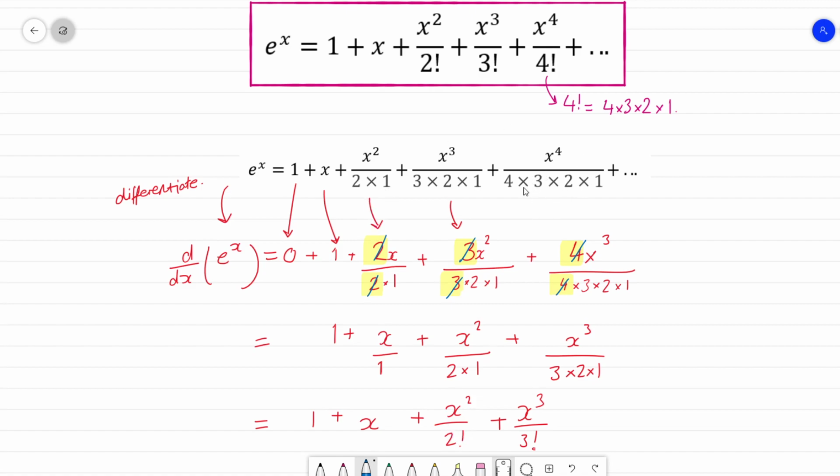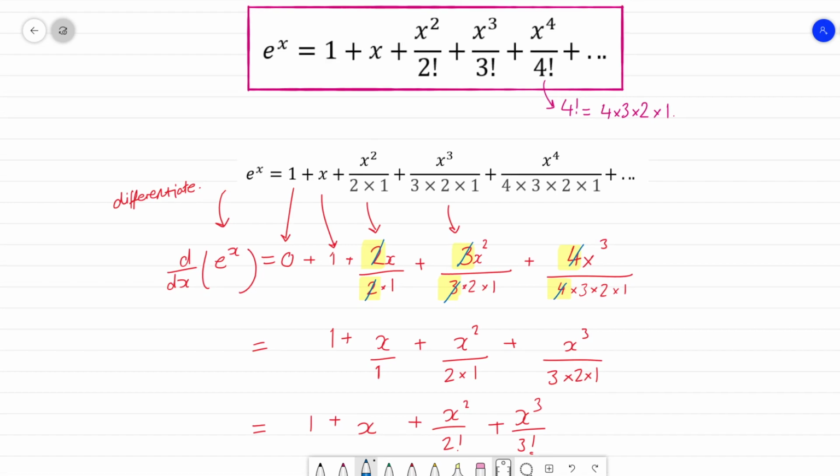And this term, with the x to the 4, differentiated to x to the 3 over 3 factorial. So you get this cycle where each term differentiates to the term just before it. Because e to the x is an infinite series, you will get some terms over here that do in fact differentiate to x to the 4 over 4 factorial.